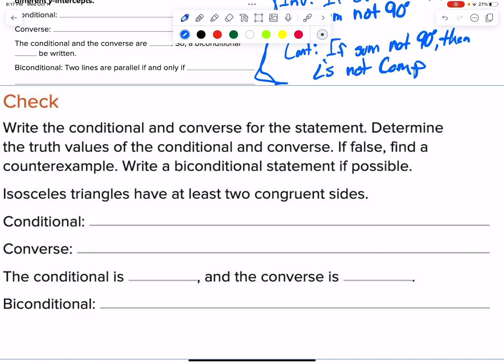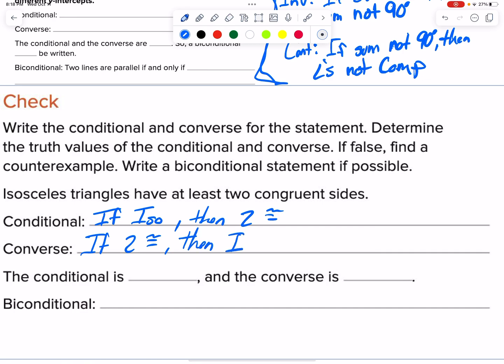So our conditional statement: isosceles triangles have at least two congruent sides. I'm going to go through this quick. Our conditional is: if iso, then two congruent. The converse is: if two congruent, then iso. Okay, those are both true.